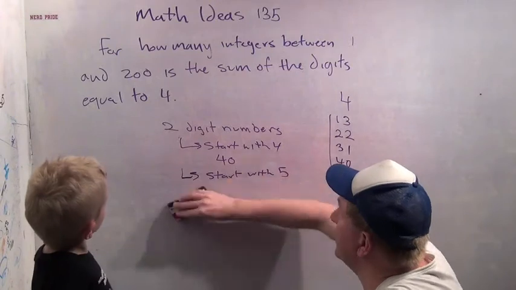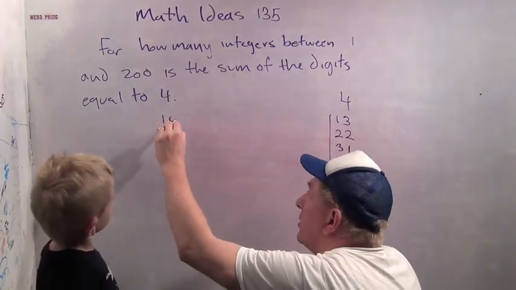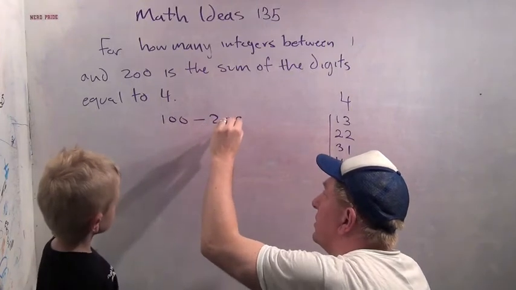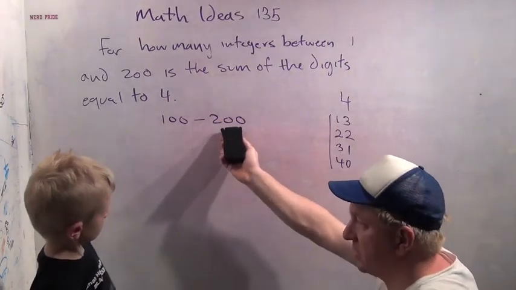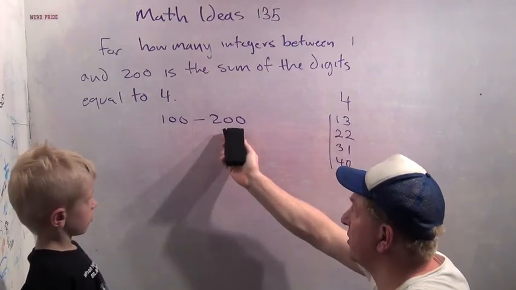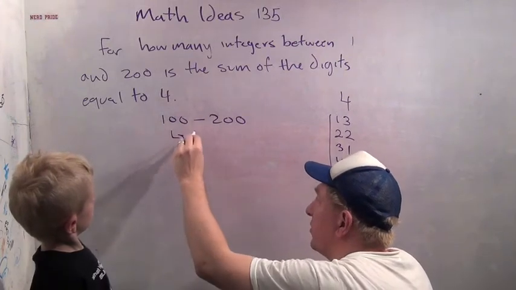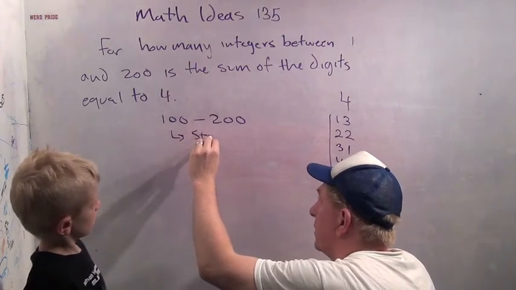Okay, so now we'll go to the three-digit numbers. We have from 100 to 200. Now, does 200 work, by the way? No. So all of our numbers start with 1.